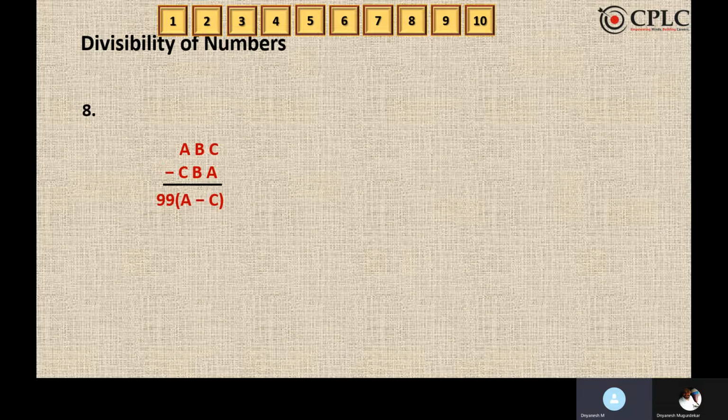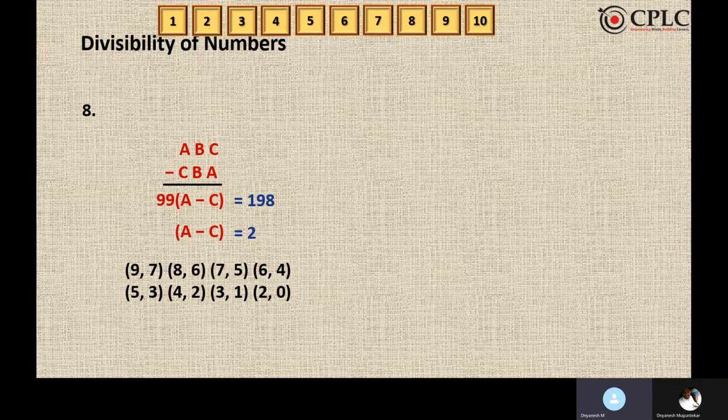What you end up getting is 99 times (A minus C). For them, it was 198. So when you divide by 99 on both sides, you get A minus C as 2. So now you have to figure out all the cases where the difference between the two digits is 2. There are a total of 8 such combinations available.